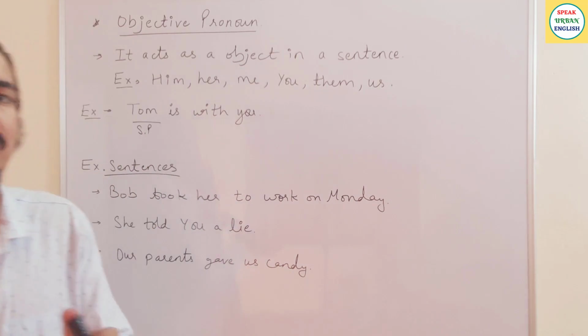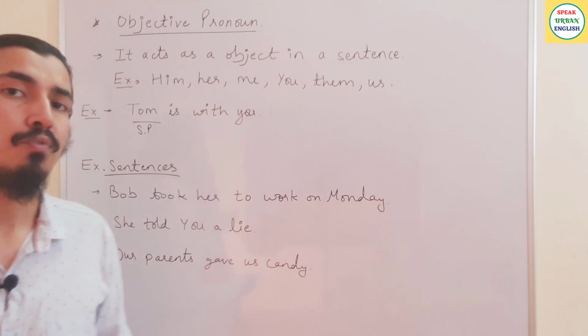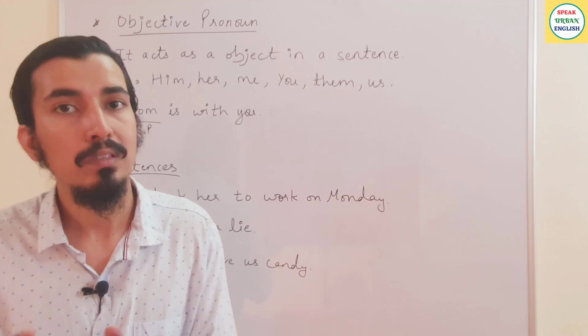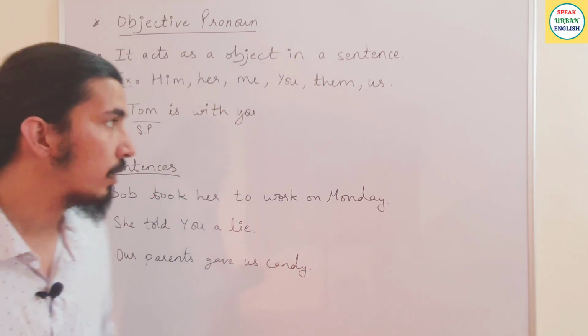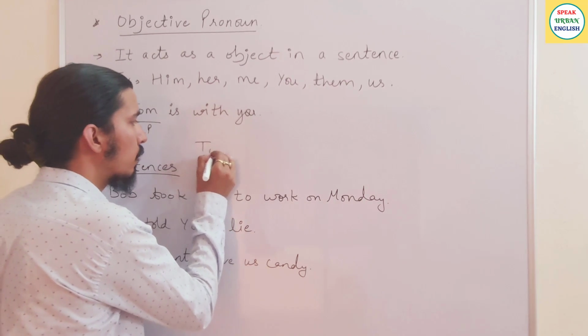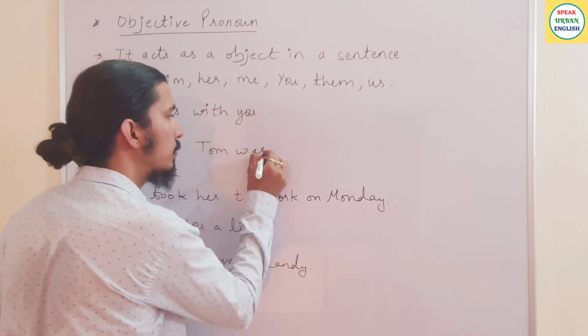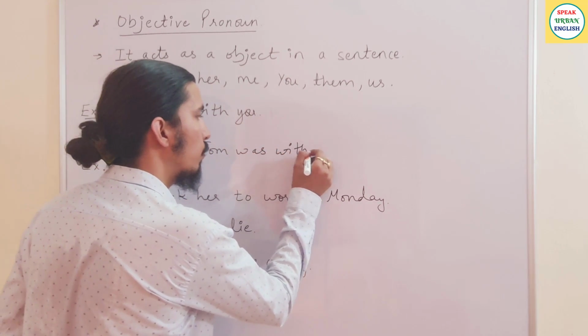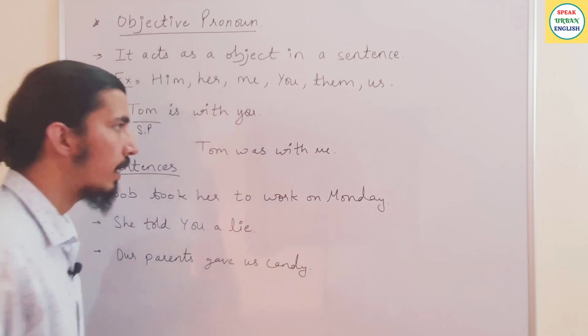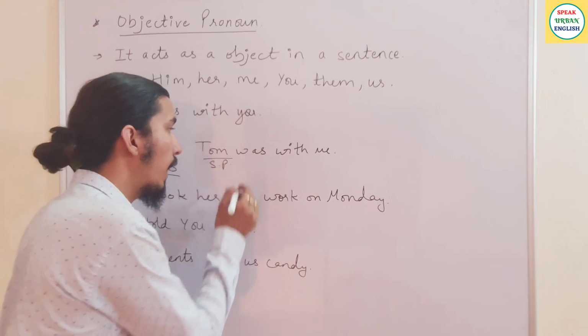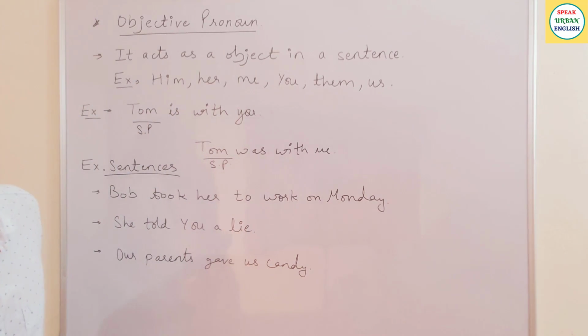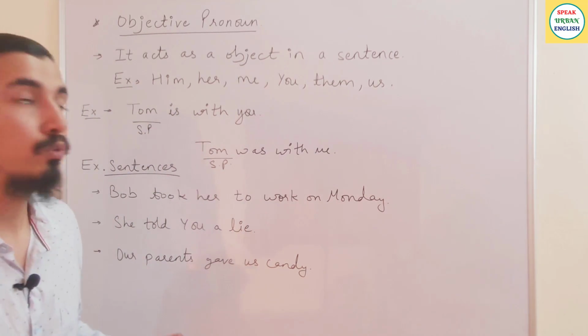And if I say Tom was with me, I will write it here: Tom was with me. Here again you will see Tom is the subject, and here, for me, I haven't used I.